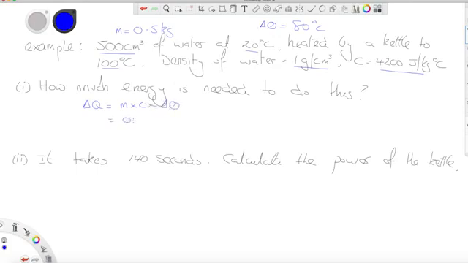We have 0.5 times 4,200 times 80. And that is just 168,000 joules, or 168 kilojoules.